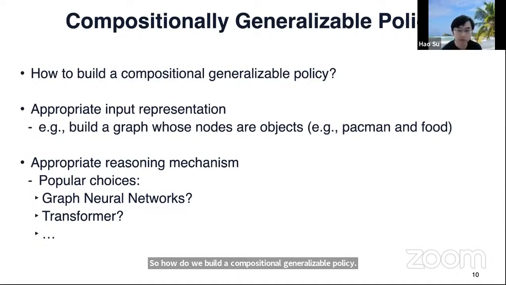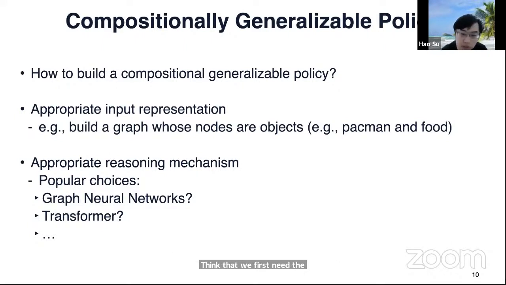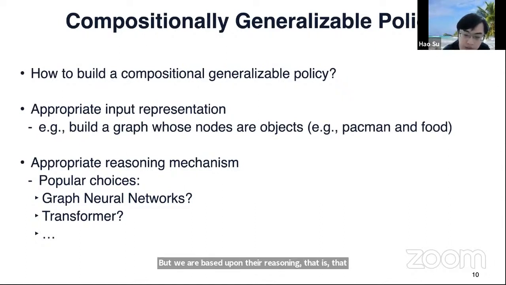There are actually certain dependencies. I think that we first need the proper input representation. For example, humans do have this kind of ability to some extent, but it is based upon reasoning about objects. We will parse the environment into objects or somehow separate the space into regions and then build a graph or some kind of representation that allows us to reason about the interaction between the regions.